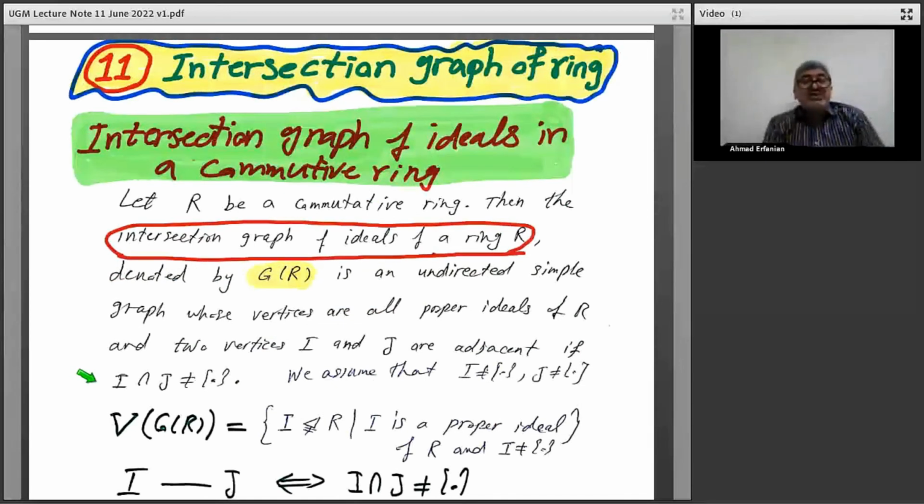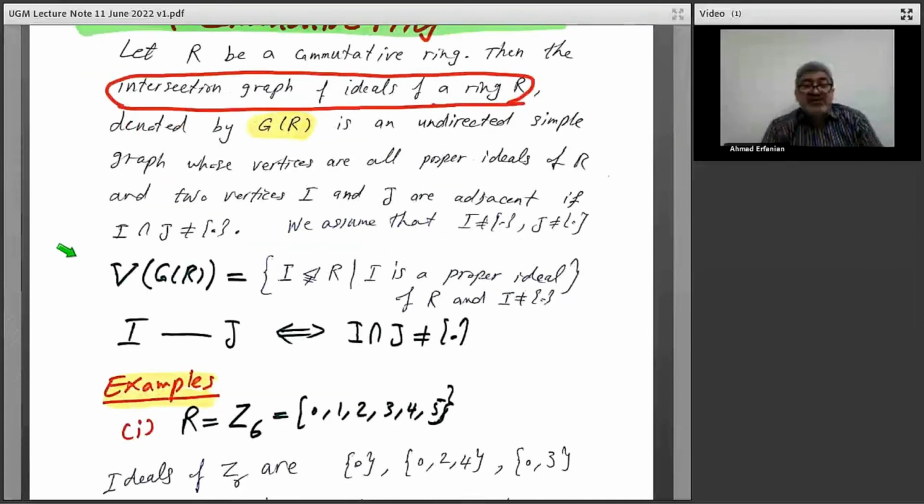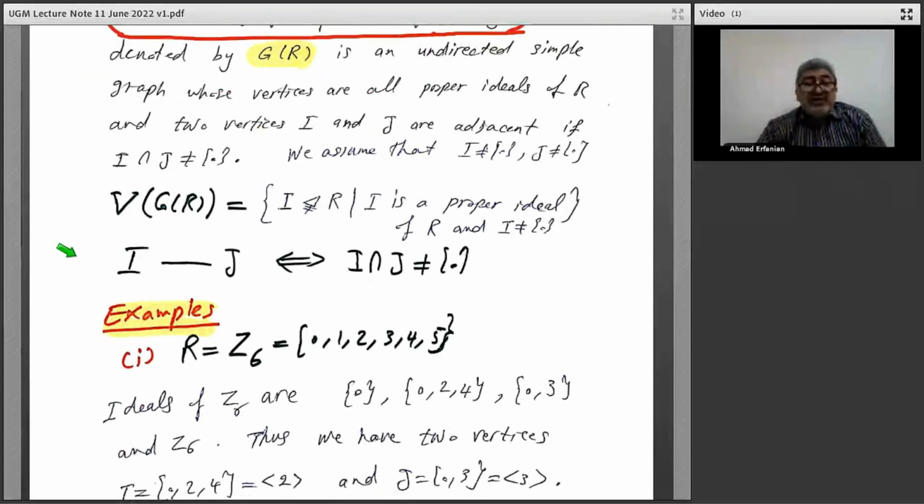associated to a ring is the intersection graph of a ring. We have many kinds of intersection graphs. One important one is the intersection graph of ideals in a commutative ring. If R is a commutative ring, we may denote the intersection graph of ideals in R by G(R).